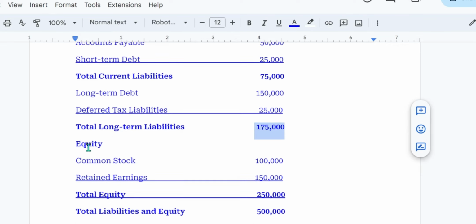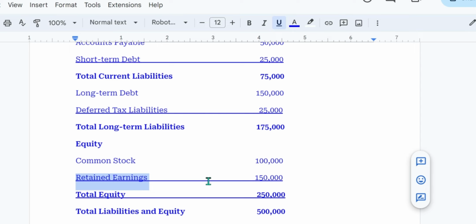Next, we have equity, and equity can be composed of things like common stock. That's the amount that shareholders have invested in the company, and here it's 100,000. We have retained earnings. This is the profits which have accumulated in the company over the years, which have not been paid out to shareholders.